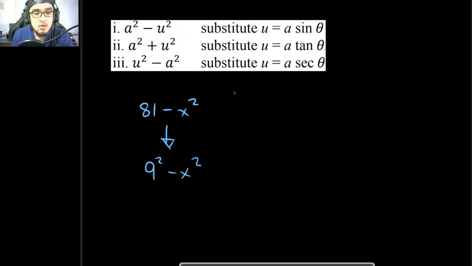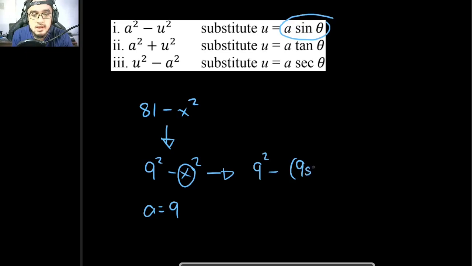So from that, we would substitute x with a sine theta, and our a right now is 9. So this equation would now look like this: 9 squared minus 9 sine theta squared.